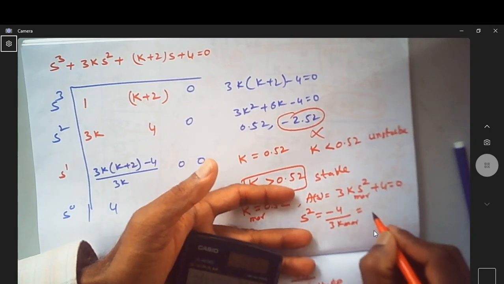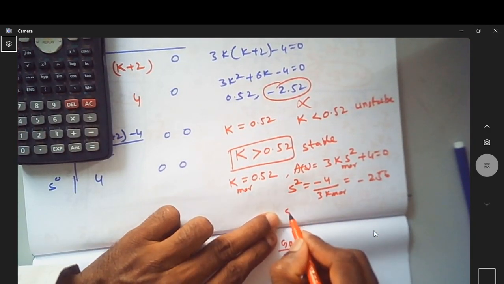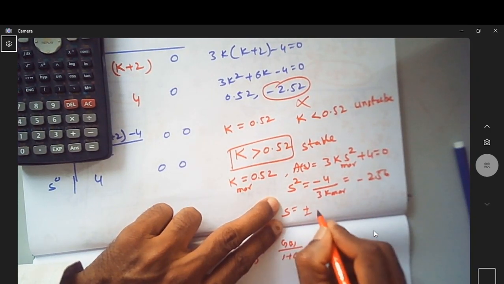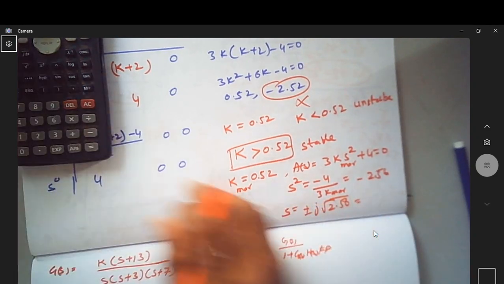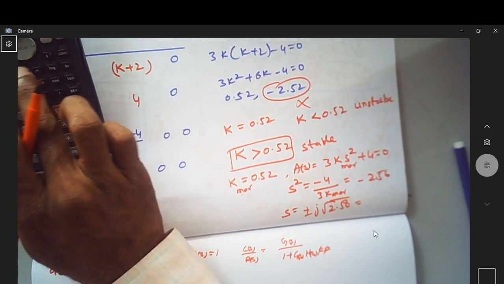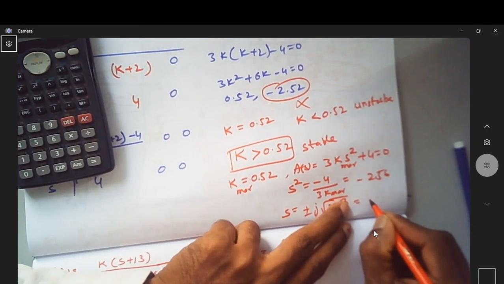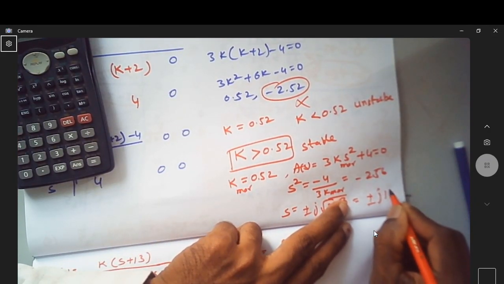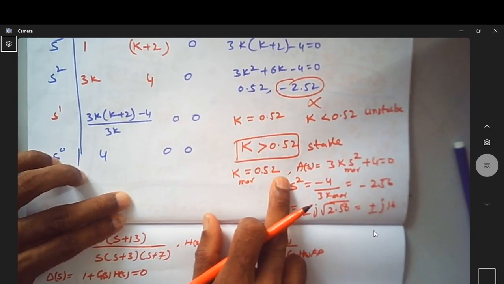So is it now minus 2.56? What is S now? It is plus or minus j root 2.56, which is nothing but, what is the root of 2.56? It's actually 1.6. So plus or minus j 1.6 is the pole position if the value of k is 0.52.